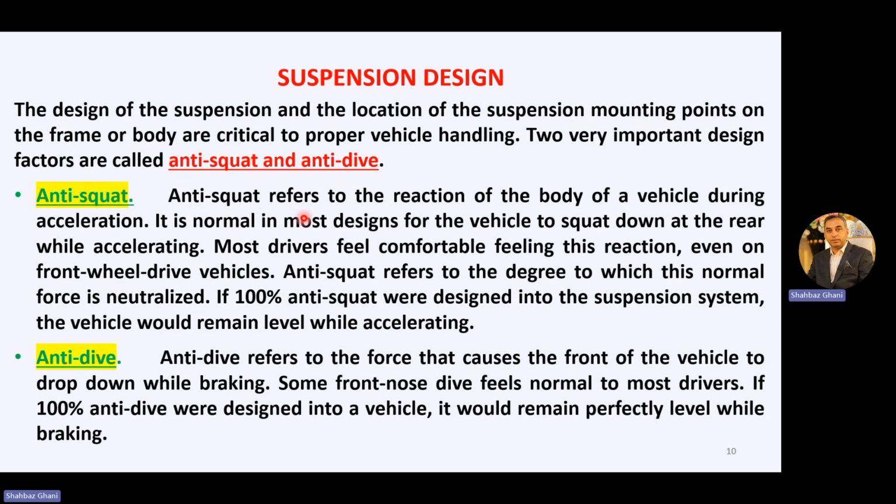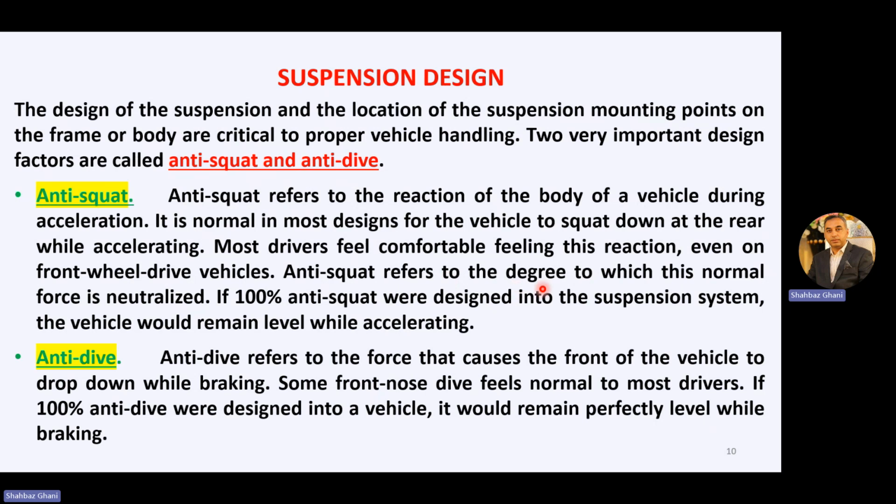The anti-squat refers to the reaction of the body of a vehicle during acceleration. It is normal in most designs for the vehicle to squat down at the rear while accelerating. Most drivers feel comfortable while feeling this reaction even on a front wheel drive vehicle.